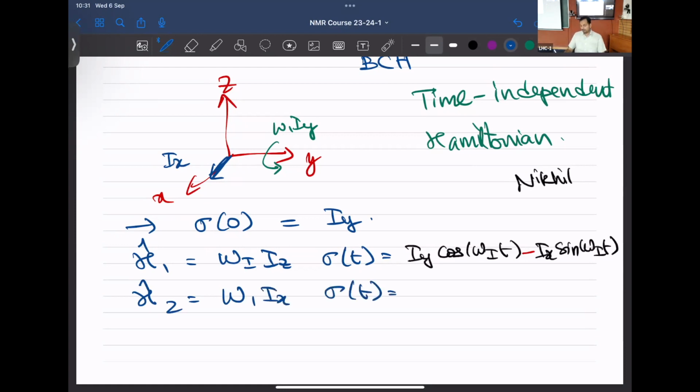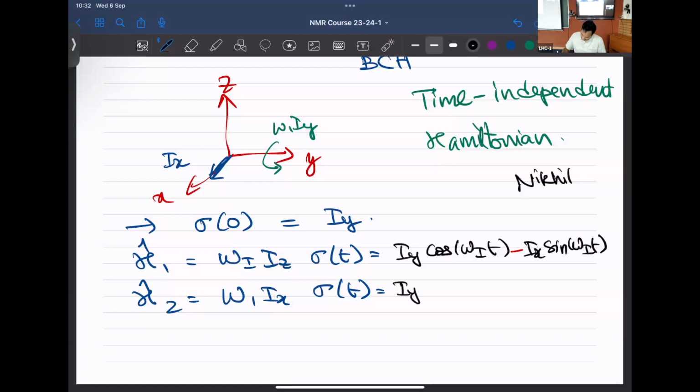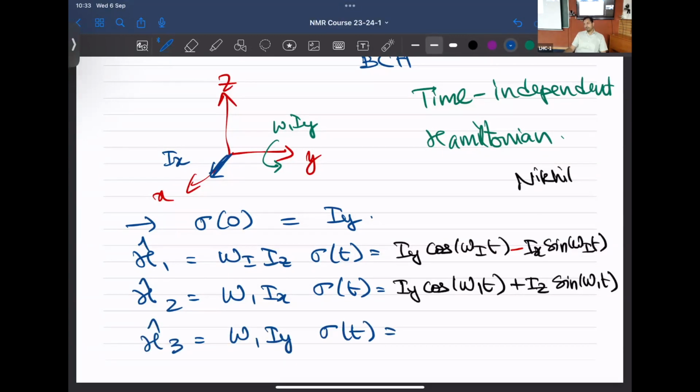Okay, let me go again. Now we have the same Iy state. You're applying a pulse along omega 1 Ix. Omega 1 tau p could be some flip angle. Iy cos omega 1 t plus Iz sin omega 1 t. We repeatedly said counterclockwise rotation, right?